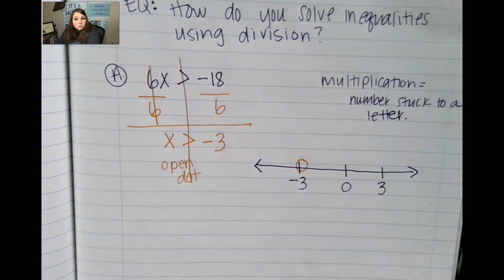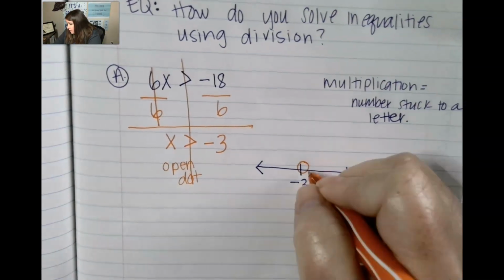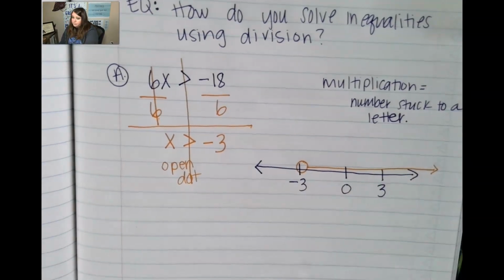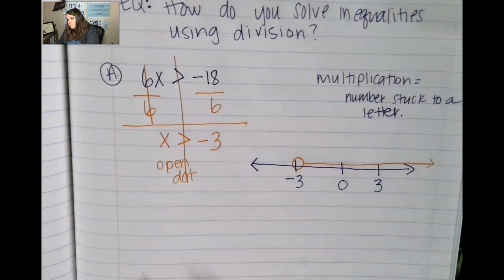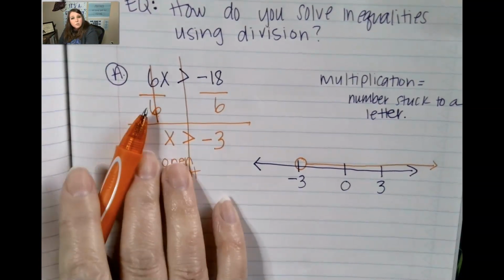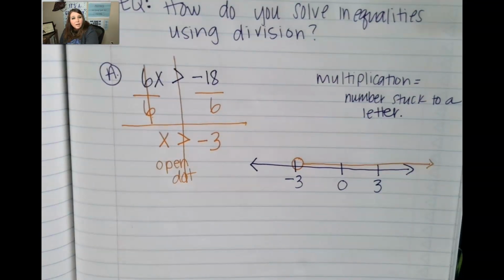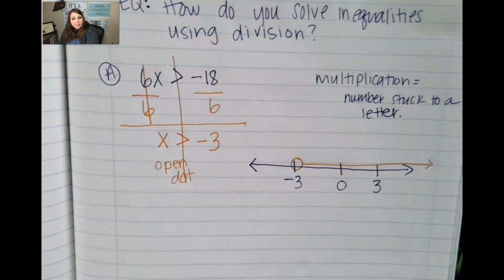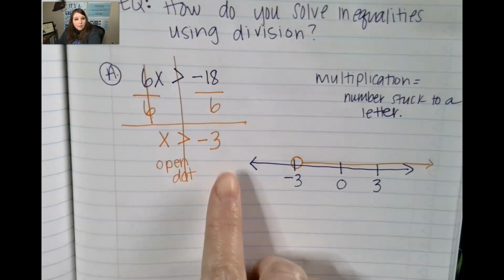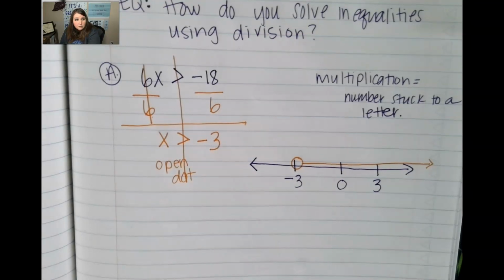If it was a solution, we would fill in that dot, and it's everything greater. Okay, so we used division, the opposite. It was multiplying, so we then went to division, divided on both sides to keep it balanced, and then we found our solution. X has to be greater than negative 3.